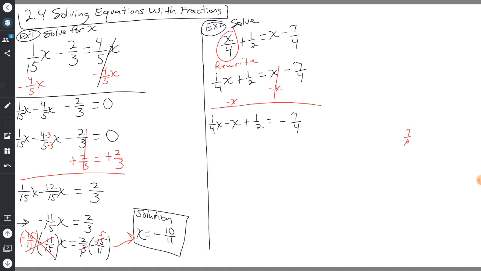Okay. Now what? We want to keep x on this side by itself. So minus the 1/2. All right. That cancels that. And minus 1/2 on the other side. Okay.